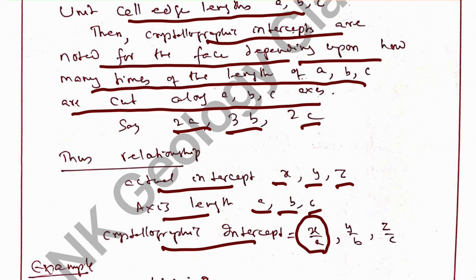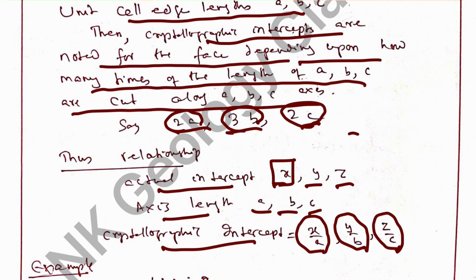x by a, y by b, z by c, because it is like 2a, 3b, 2c. This is the actual intercept of a face, x is the actual length. So along a, how much distance has it covered? So x by a.